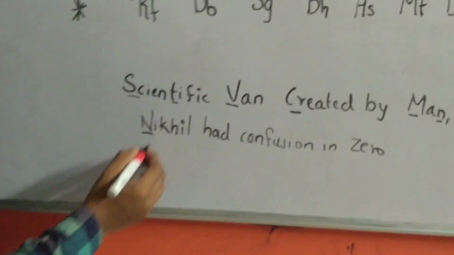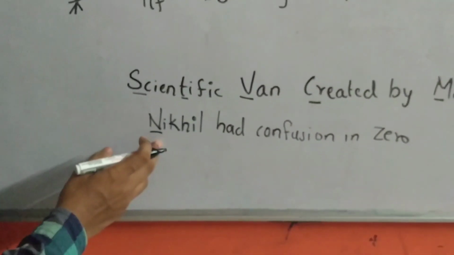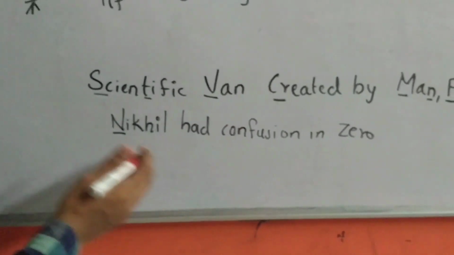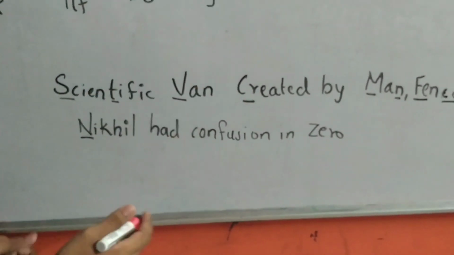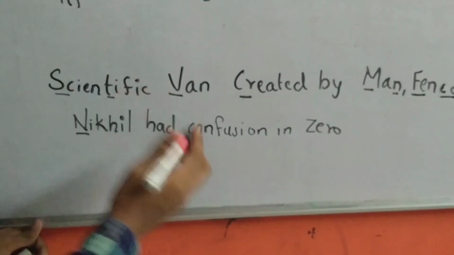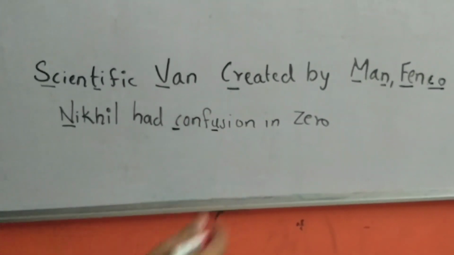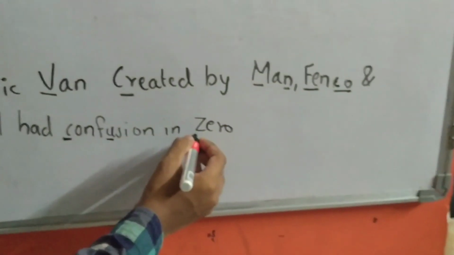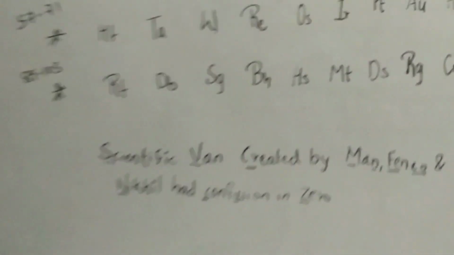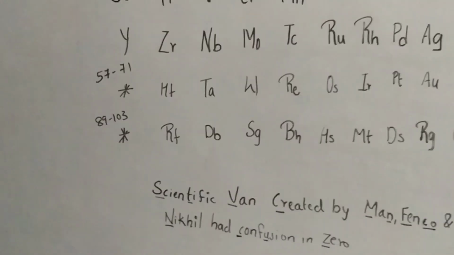For Ni, Nikhil, I have made here Nikhil, Ni. Cu, for that itself, I have made C and U also. And last but not the least, Zn, zinc, for that Z. So this is a line. So let's move to the next one.